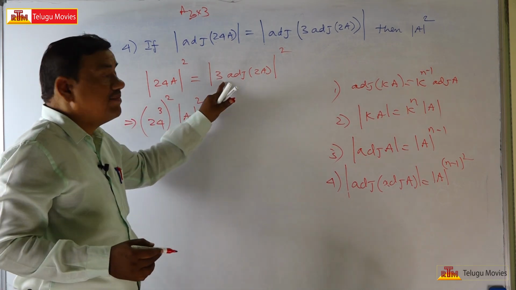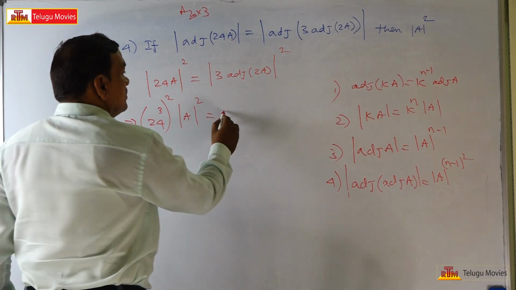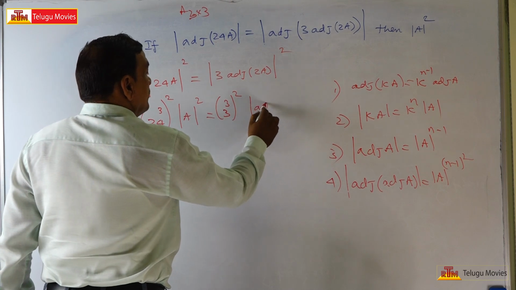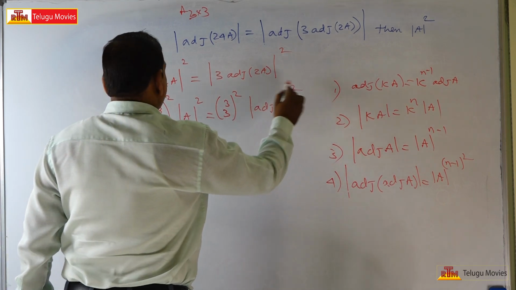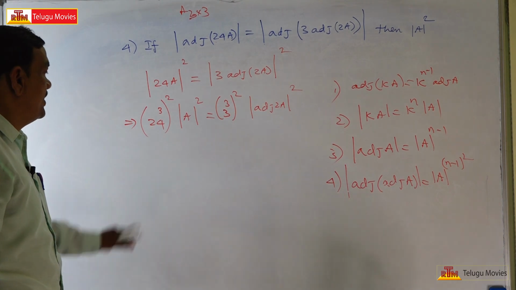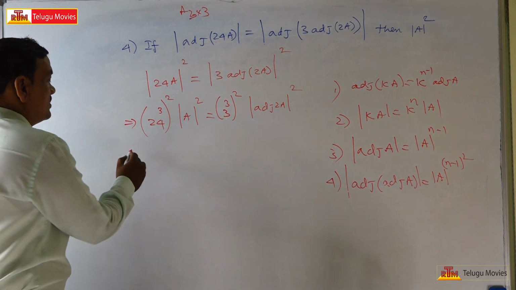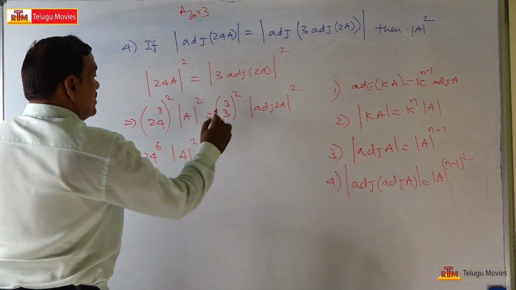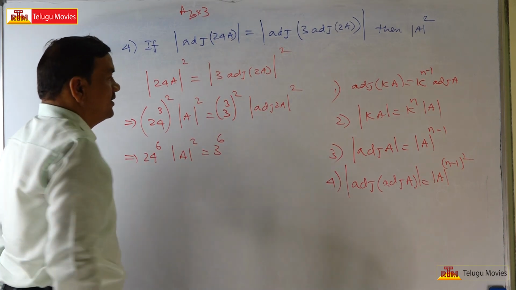Here also I am taking 3 outside, that means 3 cube whole square, times determinant of adjoint of 2A whole square. So here 24 to the power 6, det A whole square, 3 to the power of 6.